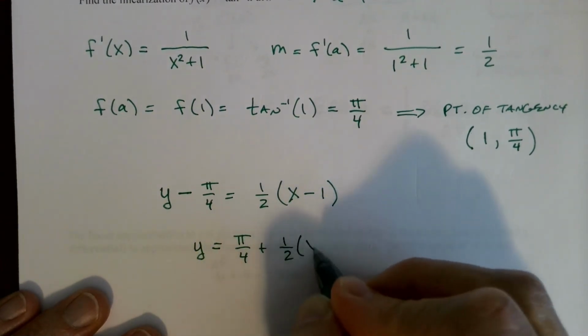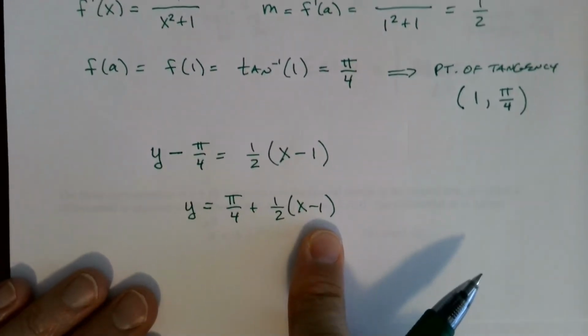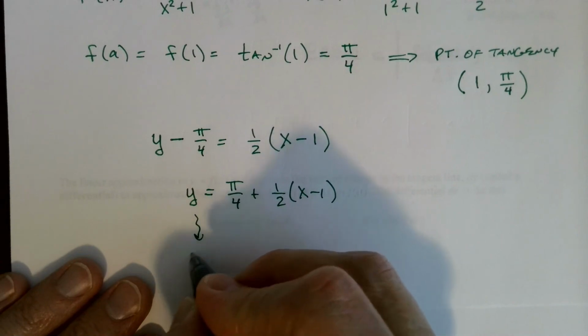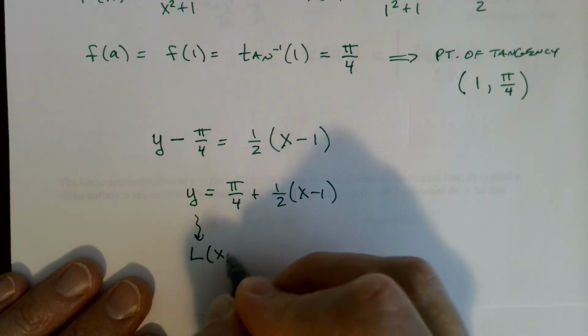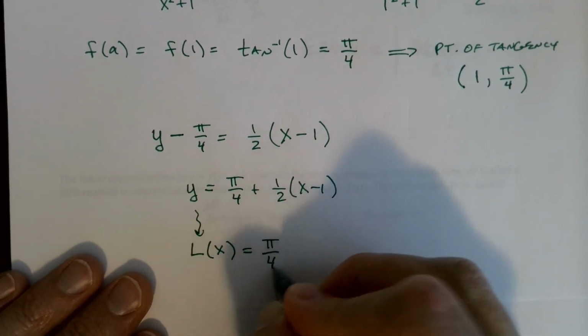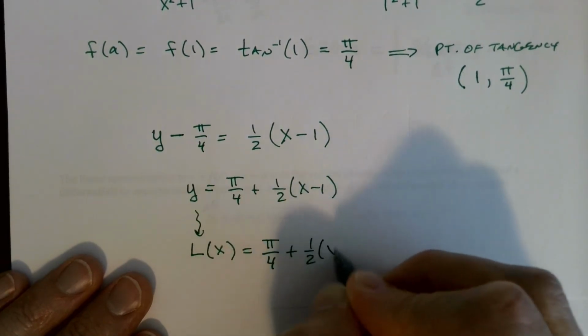And you can distribute the 1/2 if you want, but I'm just going to leave it in this form. Typically, the y is the linear approximation, sometimes L, as a function of, in this case, x, not theta like it was above. And here's my tangent line approximation.